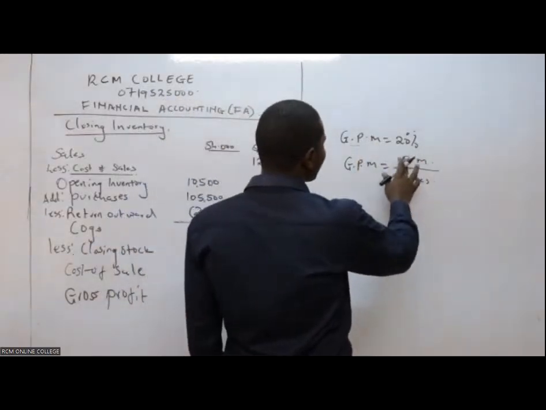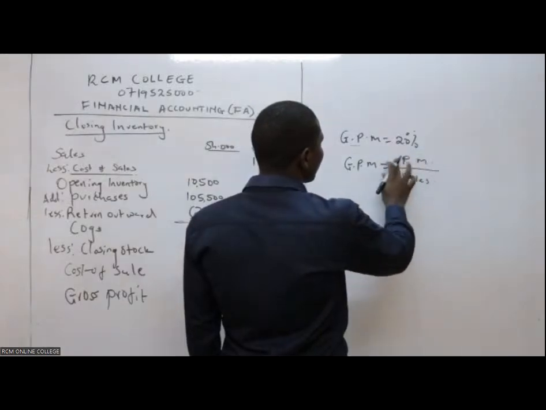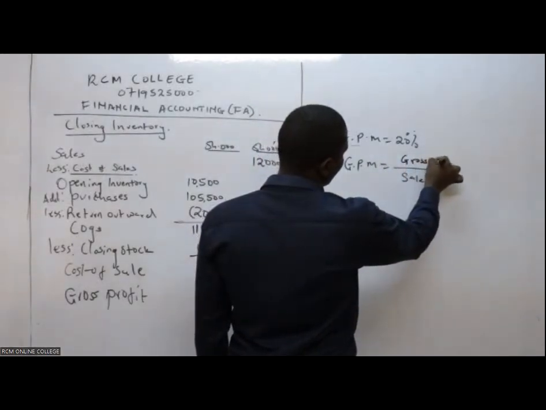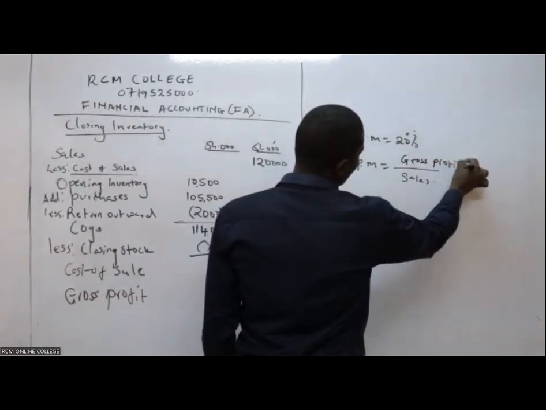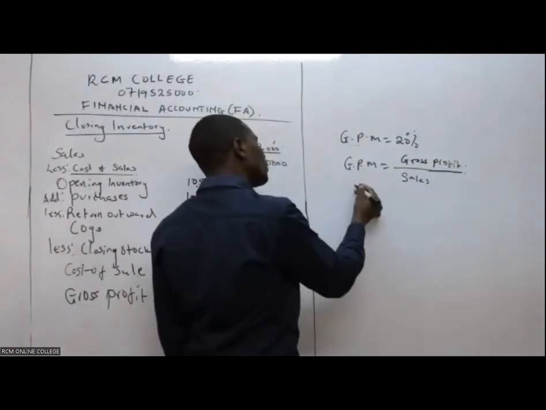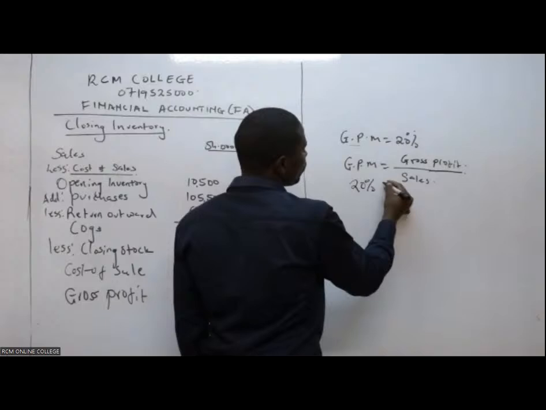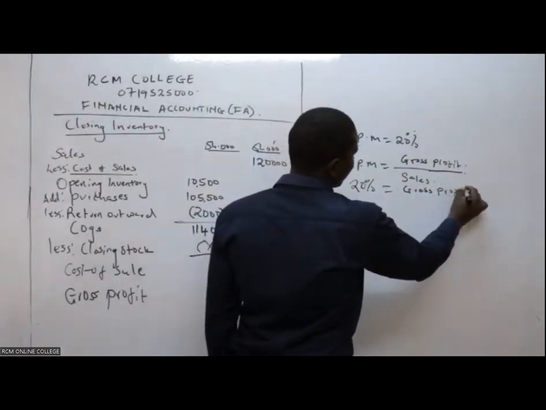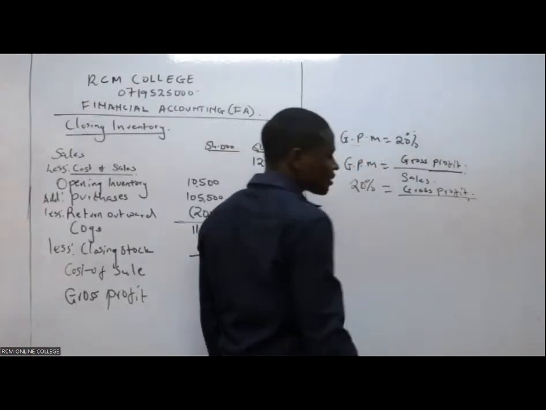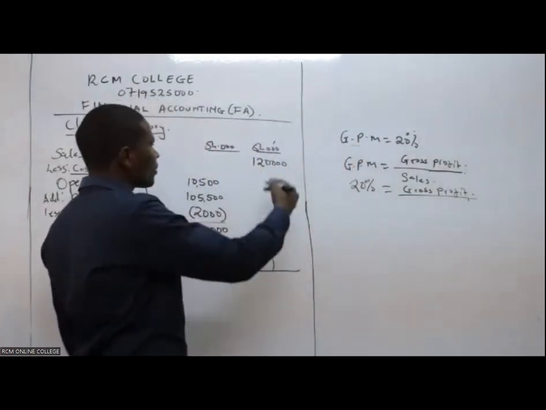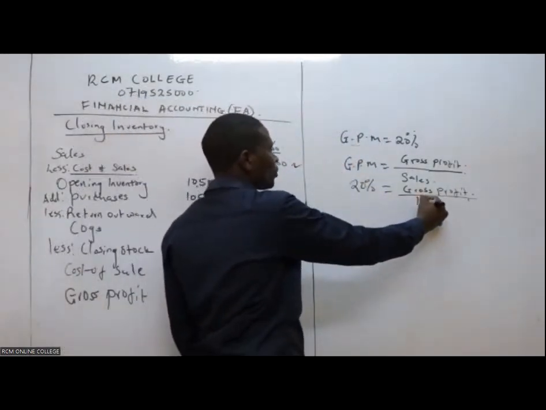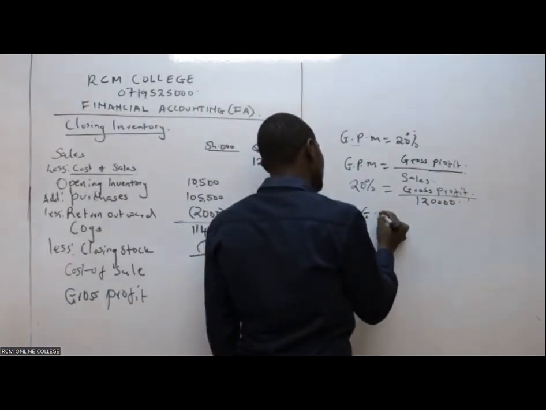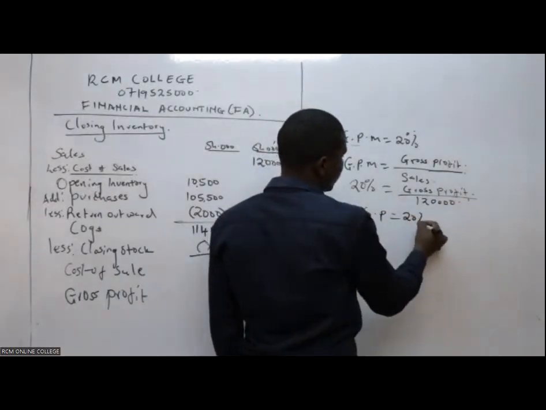We have gross profit margin as 20%, which will be equivalent to gross profit over sales. So what is our sales? Our sales automatically we have as 120,000. So in this case, we can get our gross profit, which will be equal to 20% of 120,000.